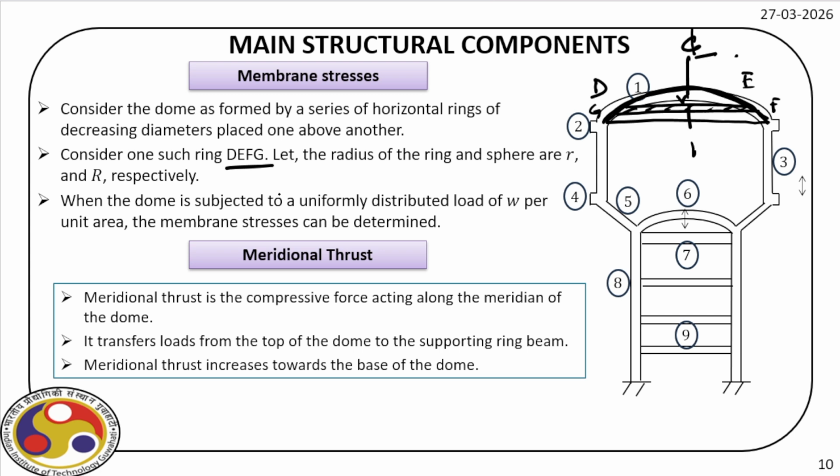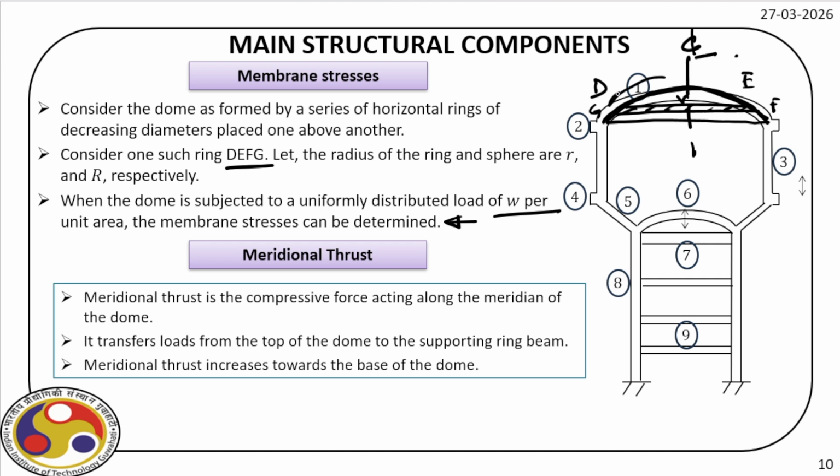So when the dome is subjected to uniformly distributed load w per unit area, the membrane stresses can be determined from this geometry. Now we have meridional thrust, which is a compressive force acting along the meridian of the dome, right? It transfers load from the top of the dome to the supporting ring beam.